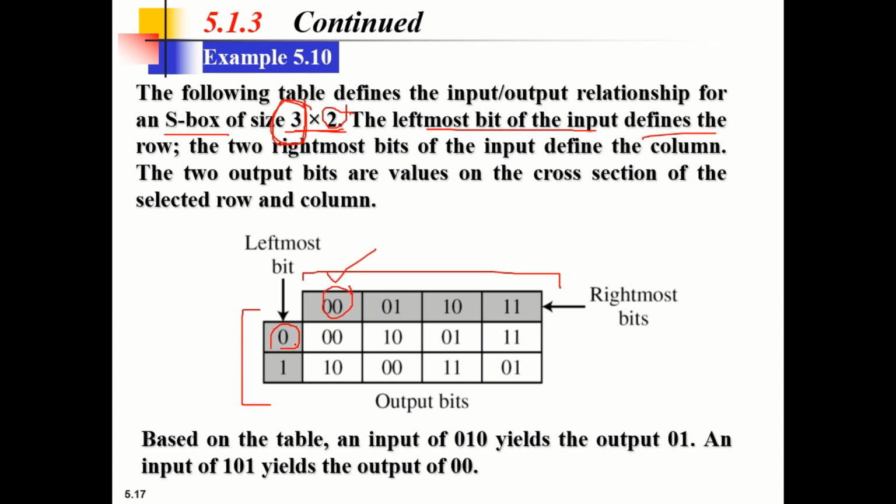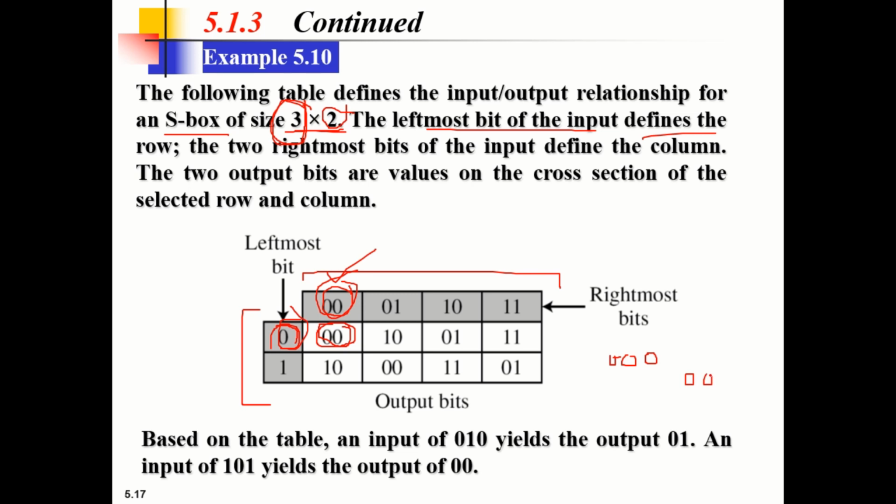If I am concerned about this entry, that means I am talking about the input made up of this entry and this entry. So the input will be 0, 0 and 0, and its corresponding output will be this one, which is 0 and 0.